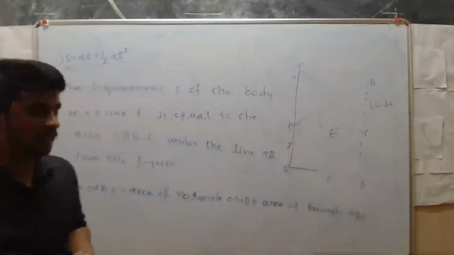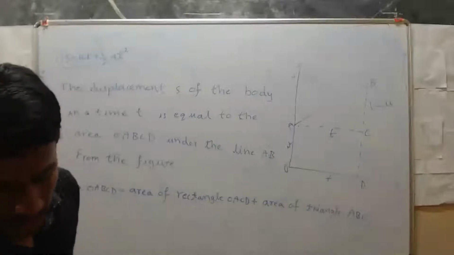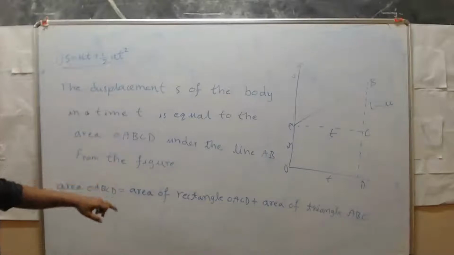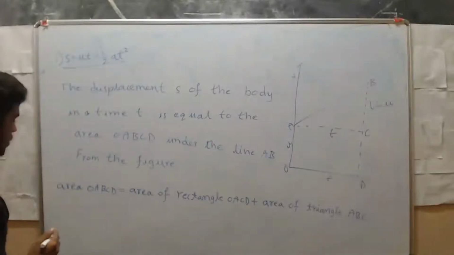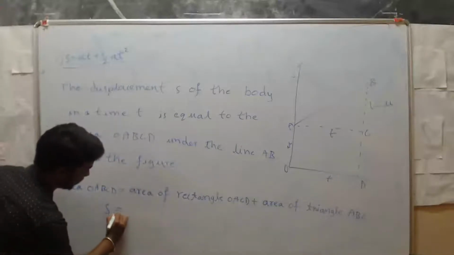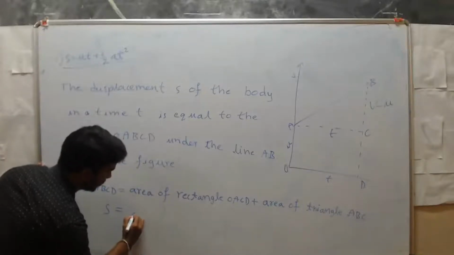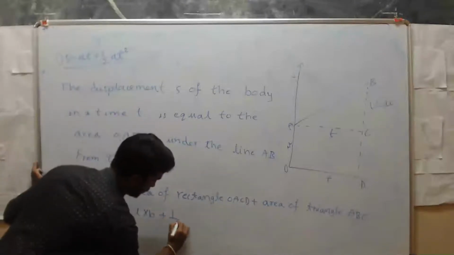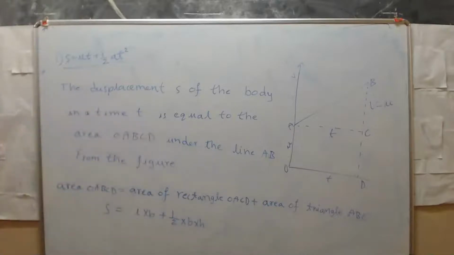You can also write area of triangle plus area of rectangle, it's your wish. Now this area is equal to distance or displacement s, right? Then s is equal to area of rectangle, that is length into breadth, plus area of triangle, that is half into base into height.